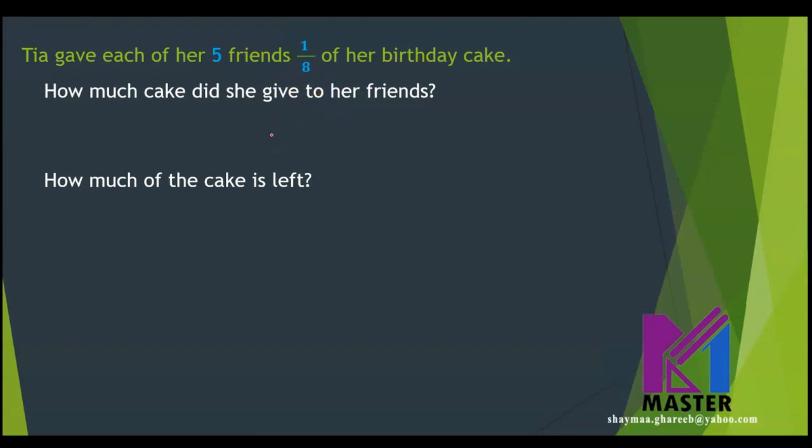So I'm going to multiply the 1/8 by 5. Then the answer will be 5/8. So she gave 5/8 of her birthday cake. How much left? So when you take 5/8 from one whole, the rest will be 3/8 because 3/8 and 5/8 makes 1 whole.